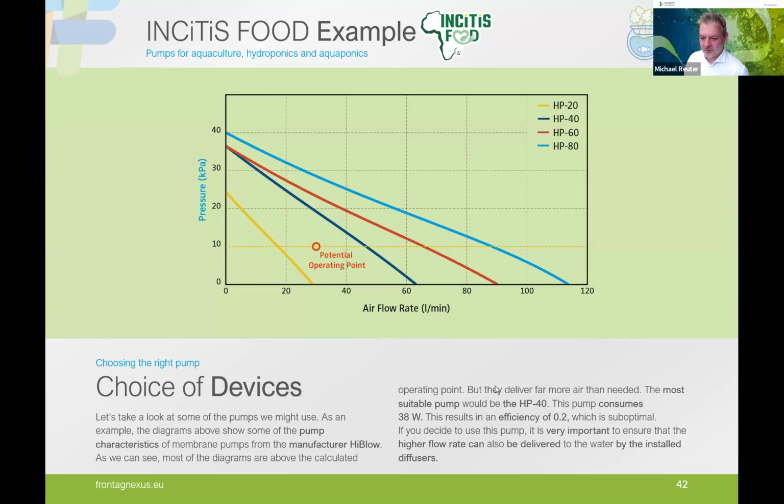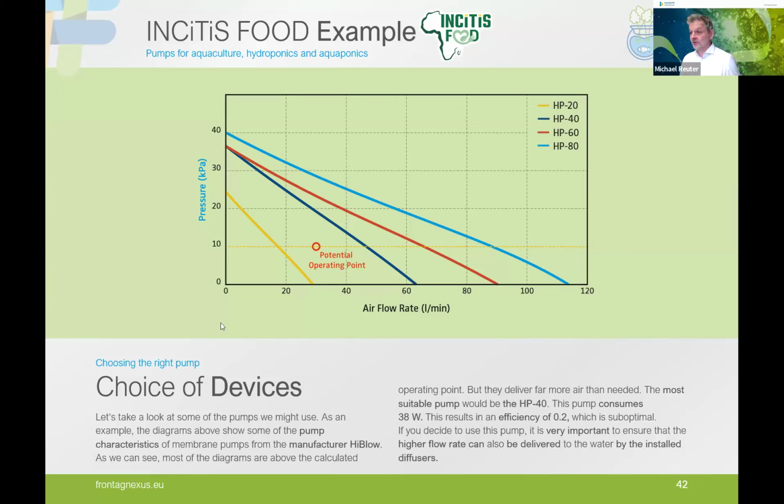We never know. But one thing that is very important is that if we choose this HP40 and have a larger flow rate that our pump delivers at this pressure loss, we have to make sure that the diffusers we use in our system are really able to deliver this air volume to our water body, because otherwise we will quickly break the pump, because it will get way more back pressure than it should have.